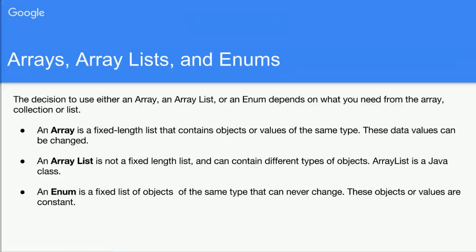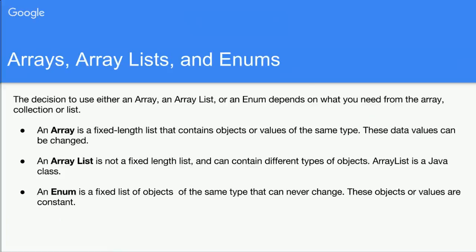The array list is different. The array list also contains only objects, but it is not a fixed length. It can change length, and you can mix object types in it as well. So every piece of it doesn't have to be the same. But you have to remember the array list is a Java class, and that's why it stores objects.